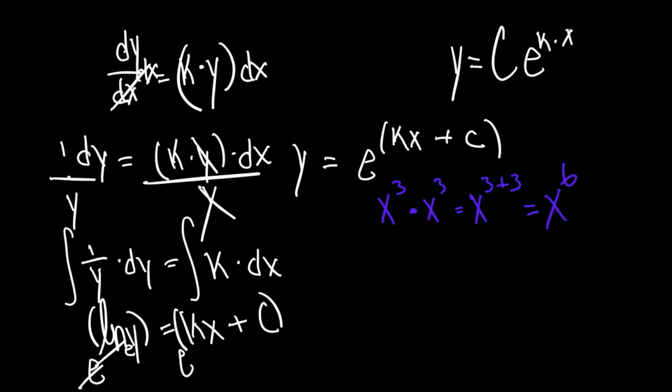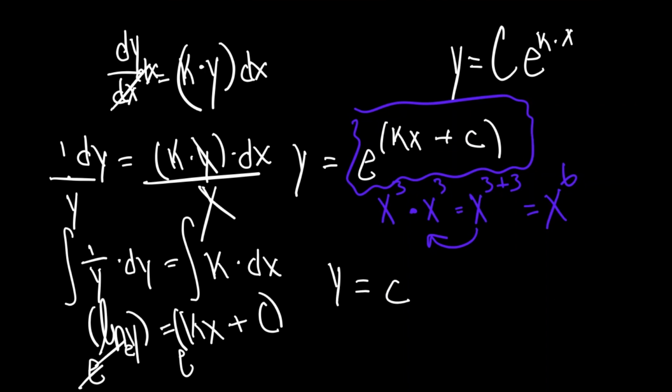Here our exponents are adding. So if we move back, we can separate them by multiplying. So y is equal to e to the power of kx times e to the power of c, because we want the same base.